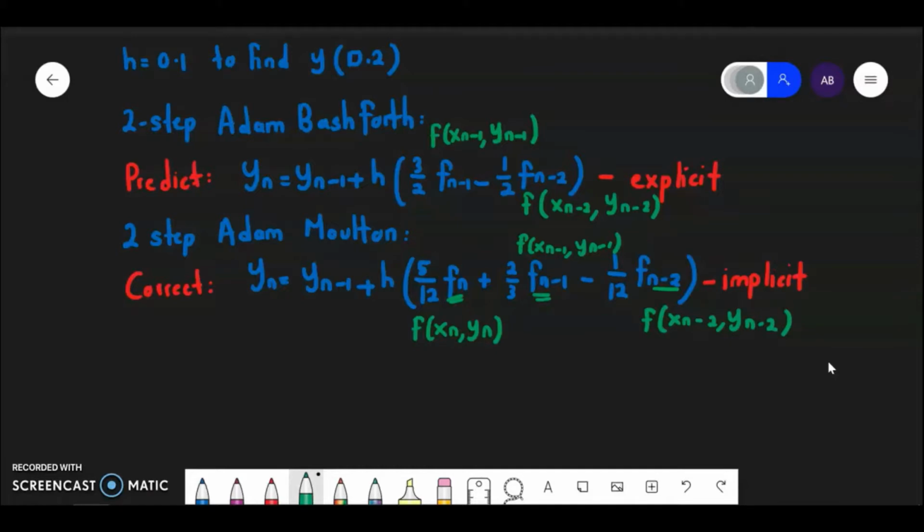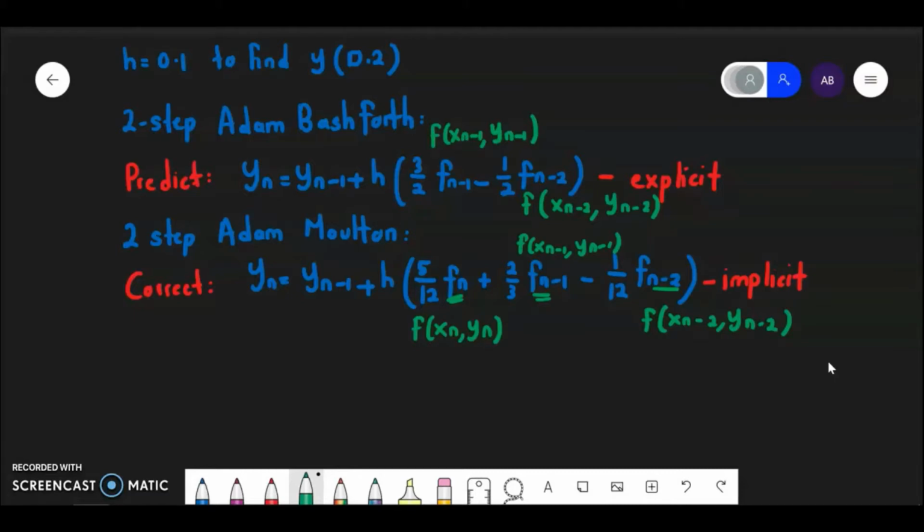Now look at this term. This is an explicit method because, comparing with the general linear multi-step method, every term given here can be obtained and solved easily for yn, where yn minus 1 refers to the initial condition.